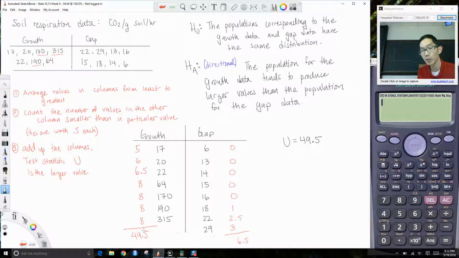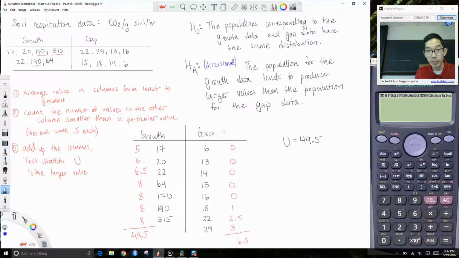Well, that means for the test statistic we look at this sum for the growth and the sum for the gap, and we see that indeed this number is larger than this number, so that matches our directionality. If this had said the gap data tends to produce larger values than the growth data, we would see 6.5 is smaller than 49.5, and we would say the directionality is not met. But here directionality is met.